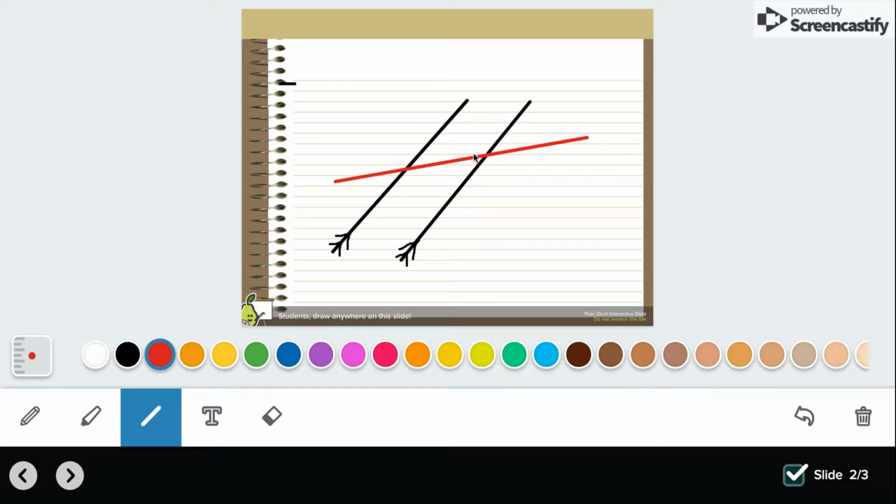And so we're looking at the inside of the two parallel lines. Here are our interior angles. Here's an interior angle. It's between the two parallel lines. Here's another interior angle. Here's another interior because it's inside.